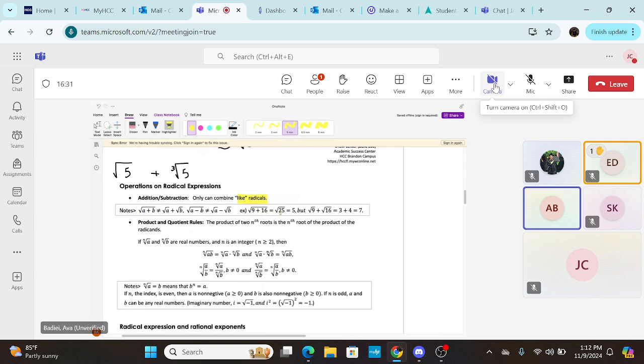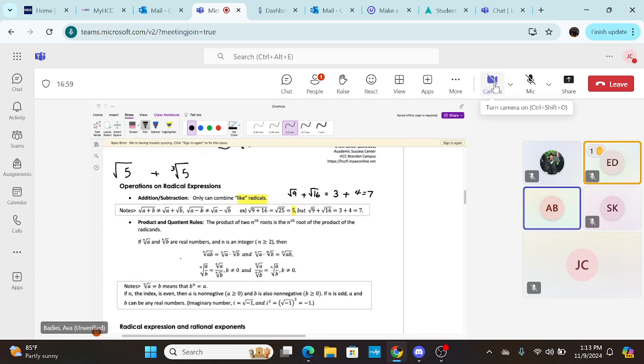This is equal to square root of 25. Your final answer is 5. Now, if you make a mistake and write this as a square root of 9 plus square root of 16, this one will be a 3. This one will be a 4. Your final answer is 7. It's not 5 anymore. So be careful not to separate these ones.